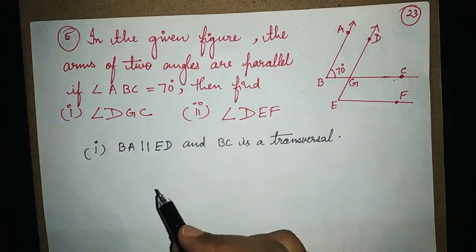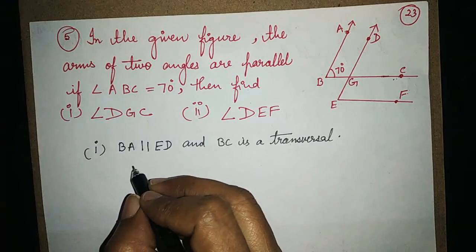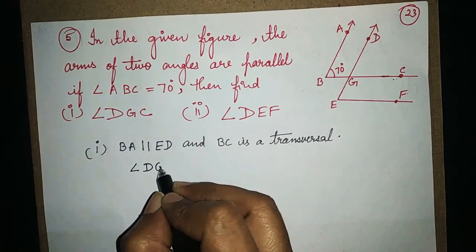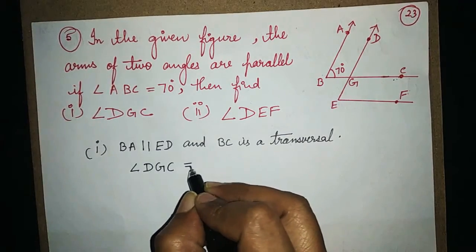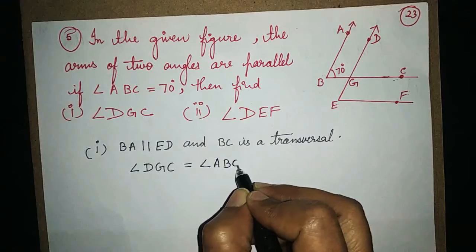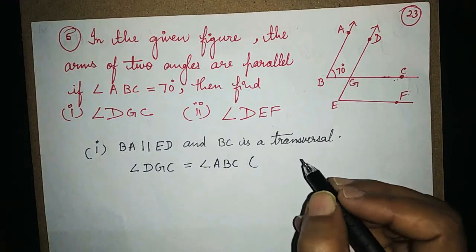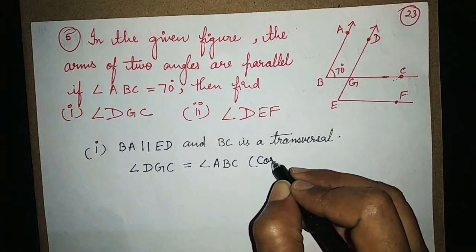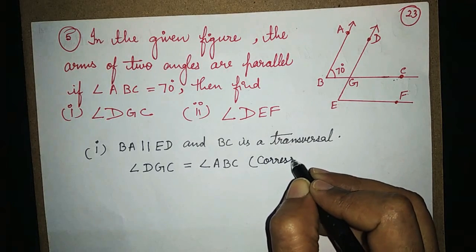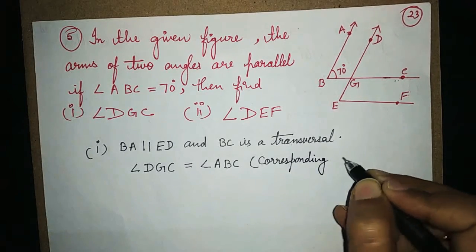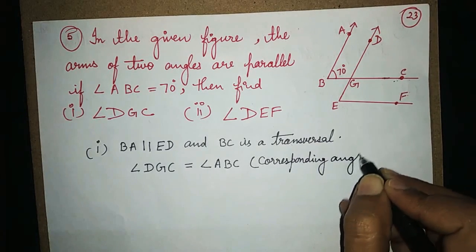Okay. So here we will write angle DGC is equals to angle ABC, and there we will mention why they are equal. They are corresponding angles.